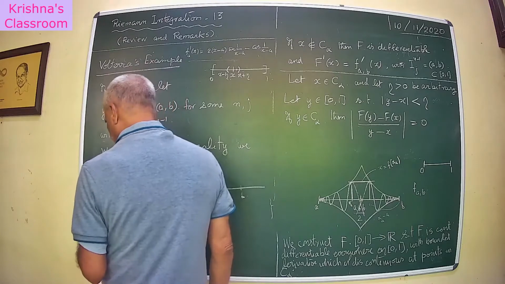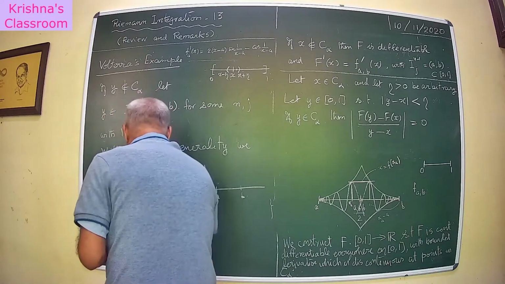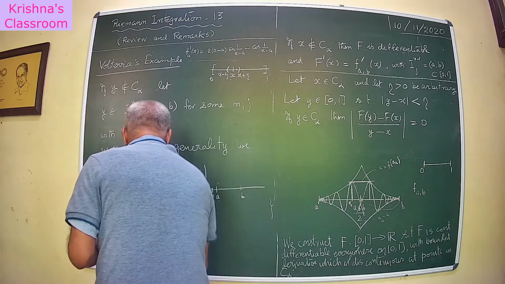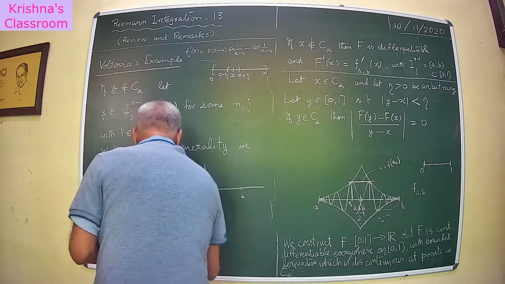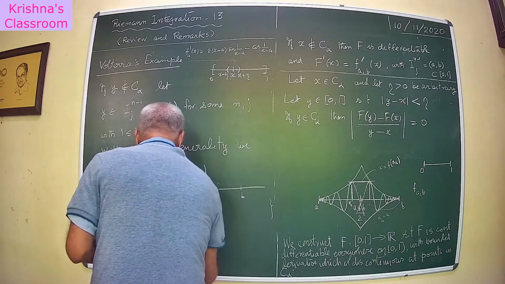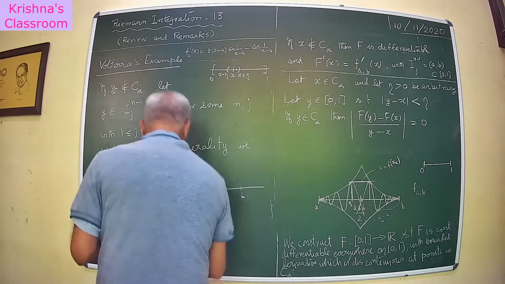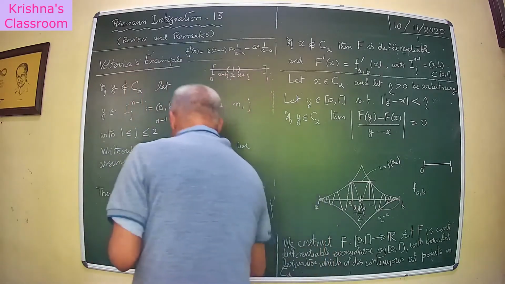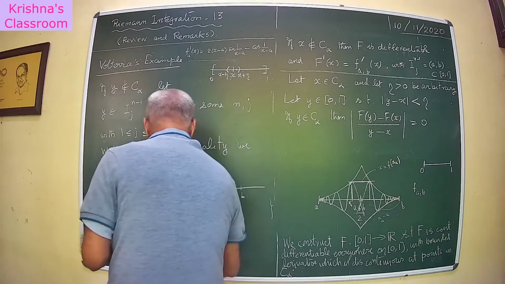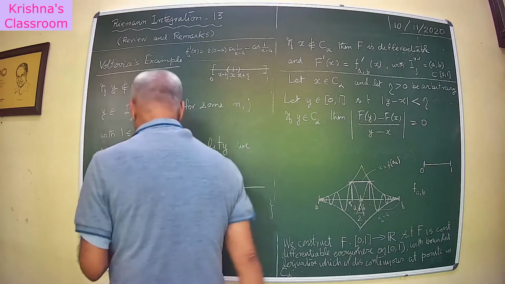Now F(y) is given by mod y minus a, whole square, times sin of 1 upon y minus a. This is the definition of the function, divided by mod y minus x.